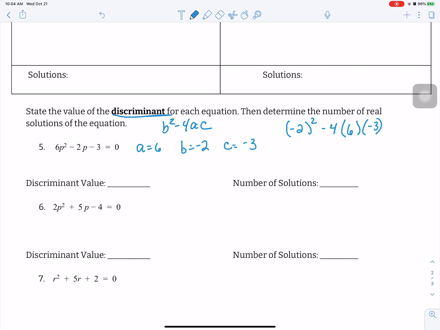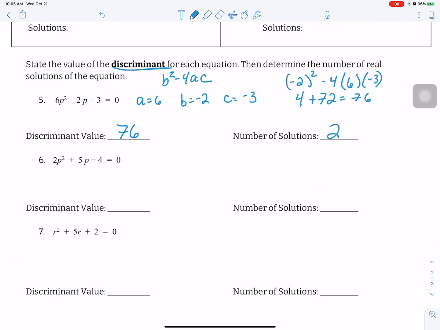So I'm solving this. 4, and then I know it's going to be a plus because it's a negative times a negative. At this point, I really wouldn't need to keep going, but let's just finish it up. And I get 72, which equals 76. It's a positive number, so discriminant is 76. And because it's a positive number, I have 2 solutions. And so if I did the whole quadratic formula, I know I would end up with 2 solutions to that.